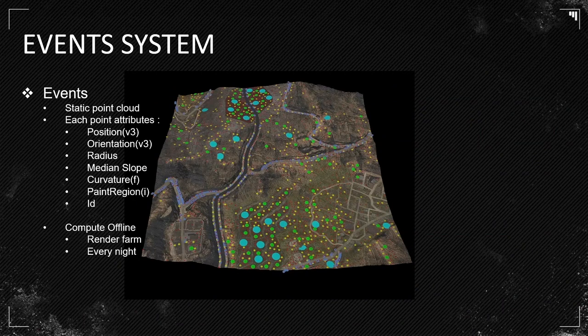We are using Houdini also to define specific areas in the world. This is the map point placement, but each point comes with a radius, a slope, the curvature of the terrain at the location and stuff like that.